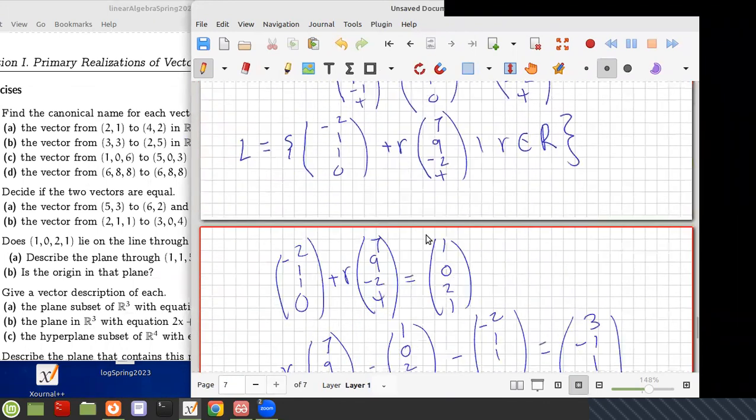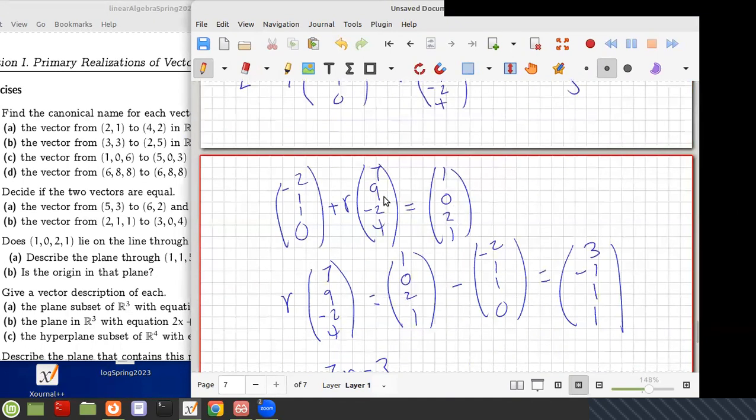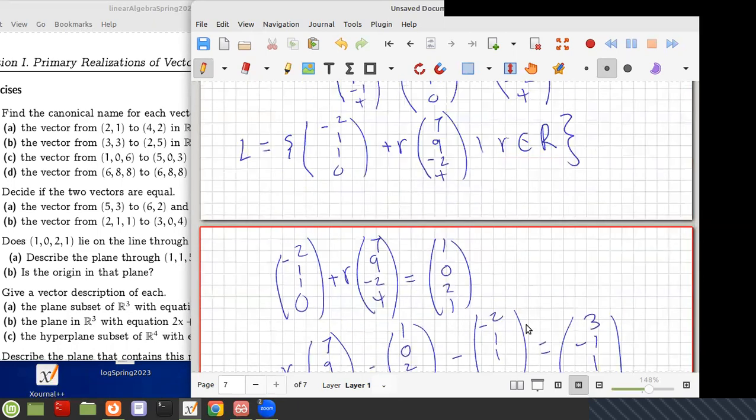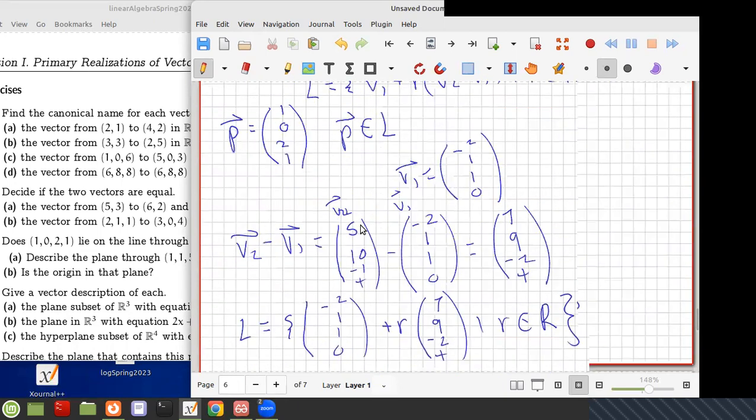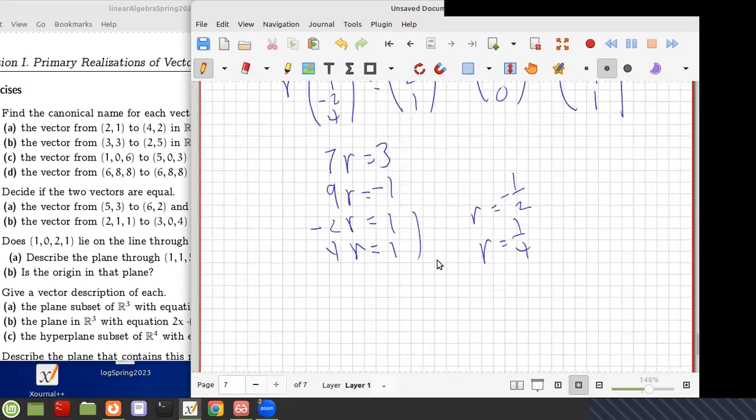And then we go through and we subtract this from both sides. So we'd have (1, 0, 2, 1) minus this: 3, -1, 1, 1. We can plot the points sort of somehow, but it's 4 dimensions, so it's hard to tell, right? But this is the method you'd use.